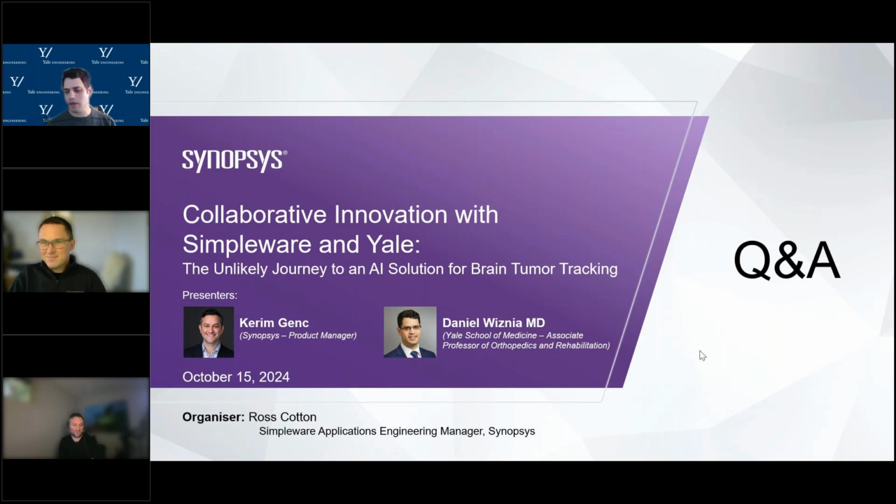And then the other thing I want to highlight is that when you're creating the ground truth data set, sure, it's a manual process, but what's really great about Simpleware is there are a lot of thresholding algorithms and different image processing algorithms that you can use that can make those manual segmentations a lot faster.